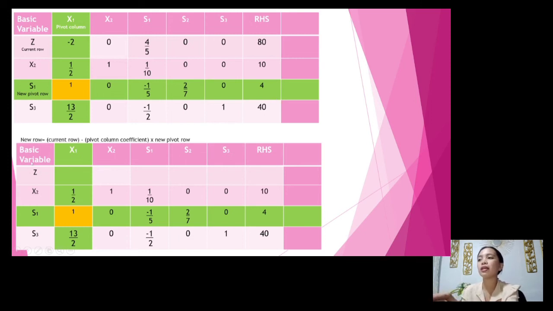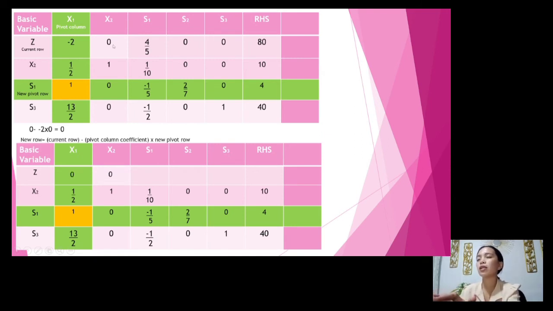Then we will find the value of z. This is our pivot column, so negative 2. As I told you a few minutes ago, this is 0.